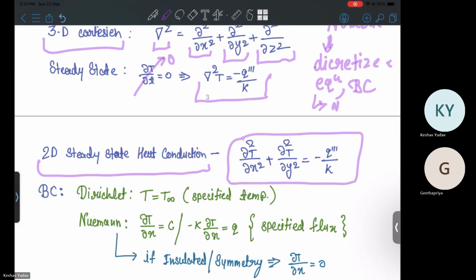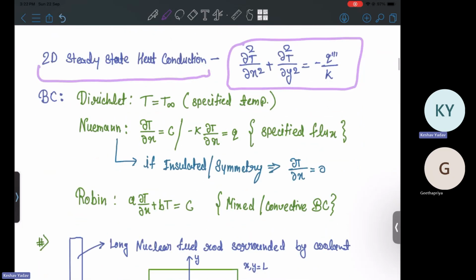Now, boundary conditions. A boundary condition can be of three types. First is the Dirichlet type boundary condition. In the Dirichlet type, we specify the temperature at the boundaries. Means what? The temperature at the boundary is some T infinity, which is known. Then another type is the Neumann type of boundary condition.